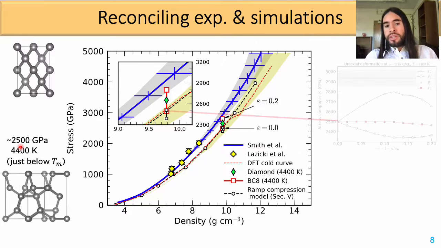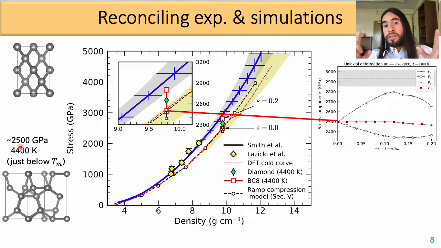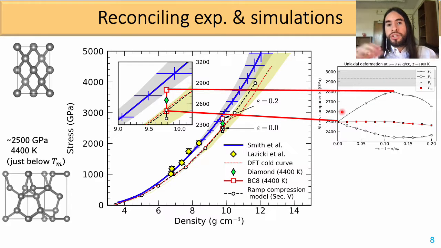And when we start doing the uniaxial compression, keeping the density constant, just adjusting the shape, we obtain values of the stress in the compression direction that are 300 GPa higher than the original isotropic pressure. But that is still not enough to reach the values of the stress reported at that particular density between the error bars provided.